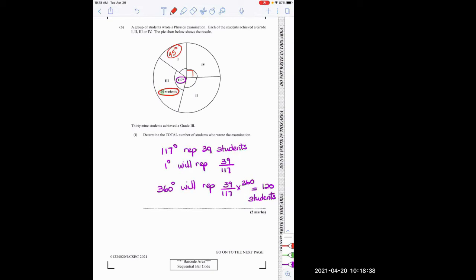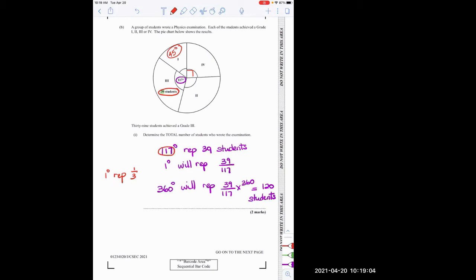So you divide 39 by 117. I got 1 degree is equal to 3. No, that is 1 degree is equal to 1/3. There's a mistake. You remember, we want to make 1 degree the subject.